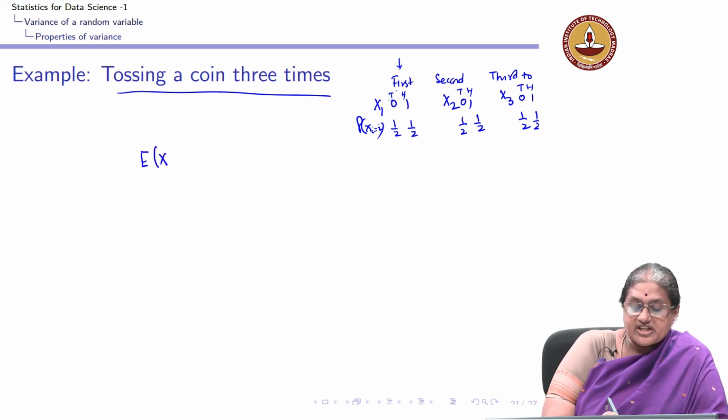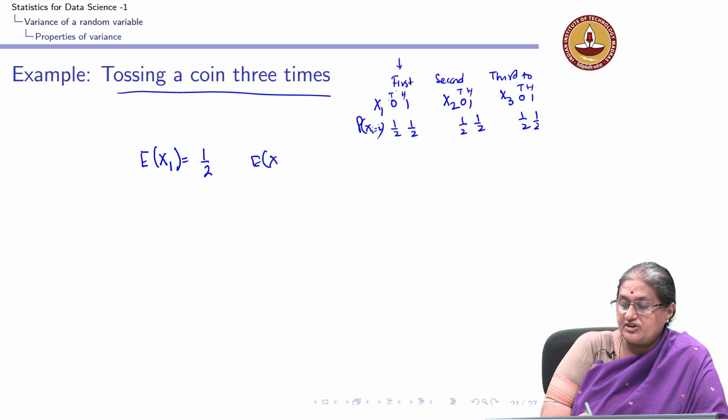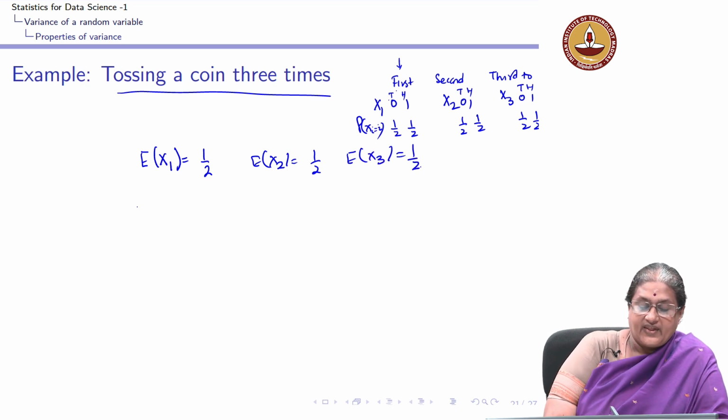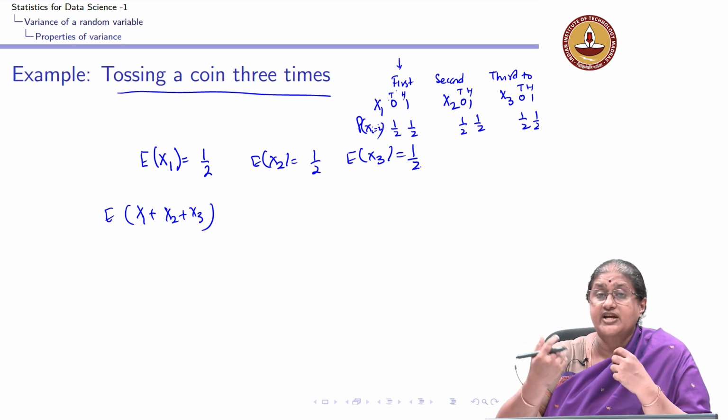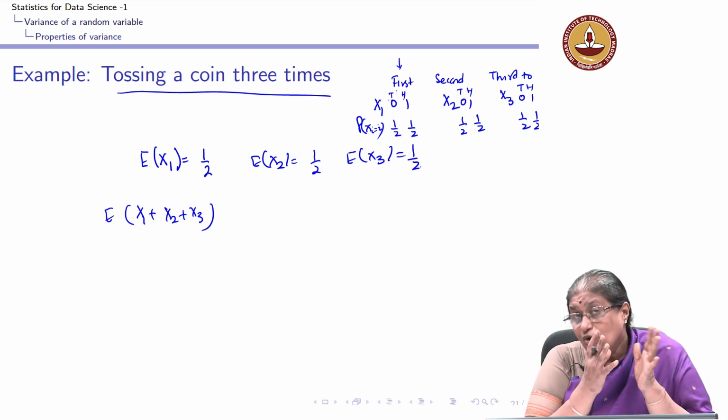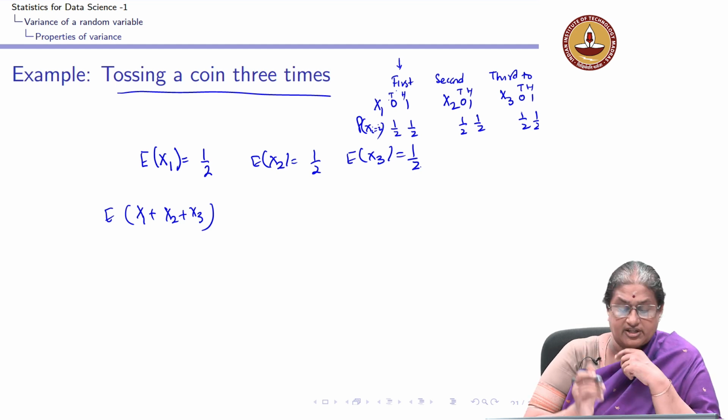We also know the expectation of x1 is equal to half, the expectation of x2 is equal to half, the expectation of x3 is equal to half. x1, x2, x3 are the outcomes of my first toss, second toss and third toss. I know they are independent of each other.